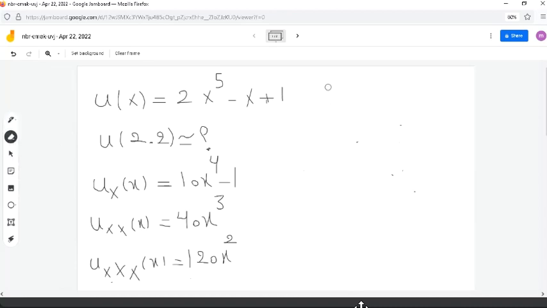The exercise says get x0 equal to 2. Okay?